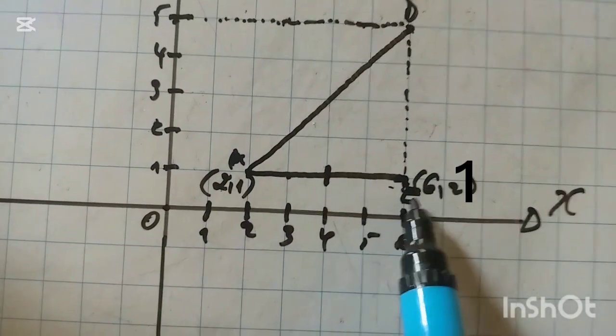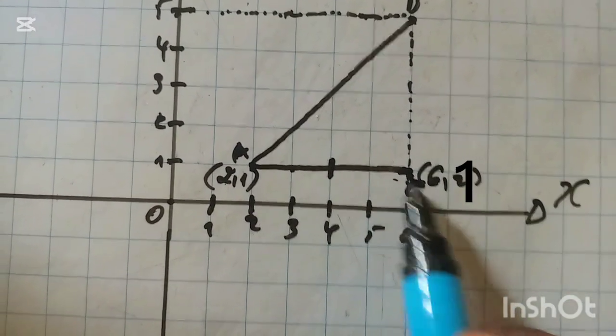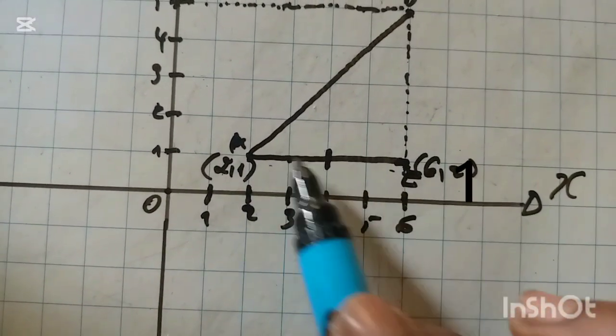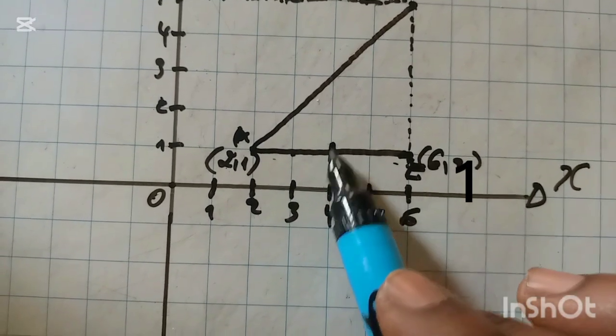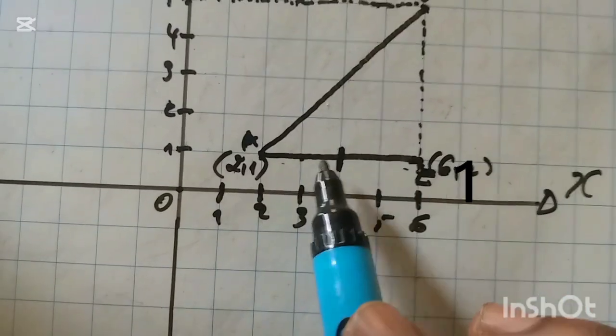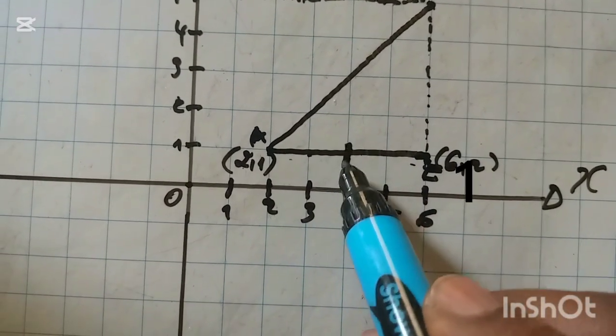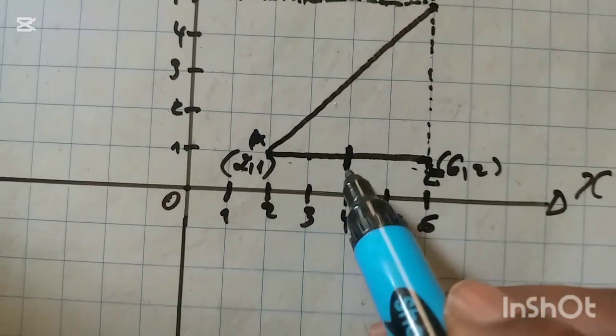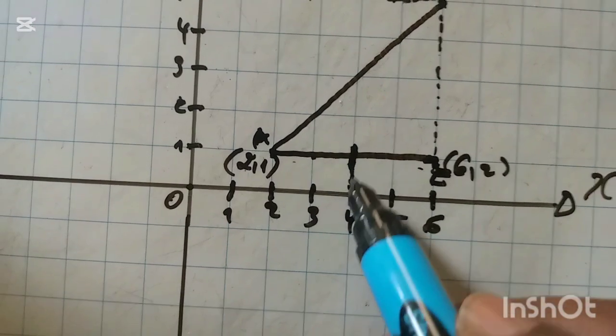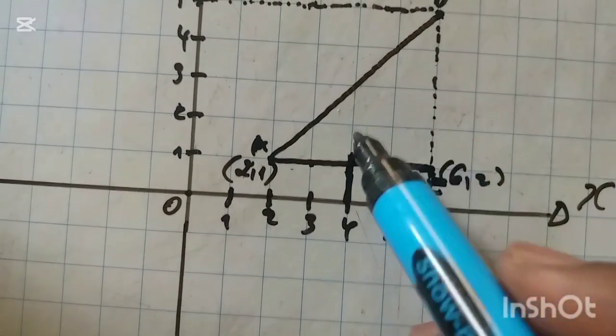From A to E, we have this distance with its midpoint here. This part is equal to this part. So the midpoint here is 4. Now the coordinate here is this 4. You see we are on 4.